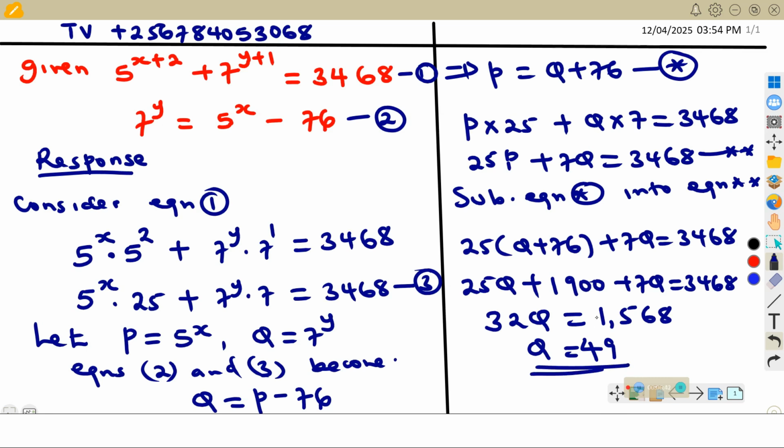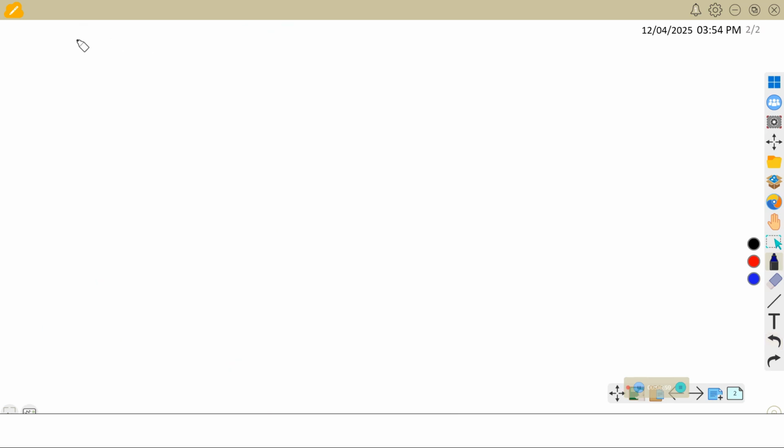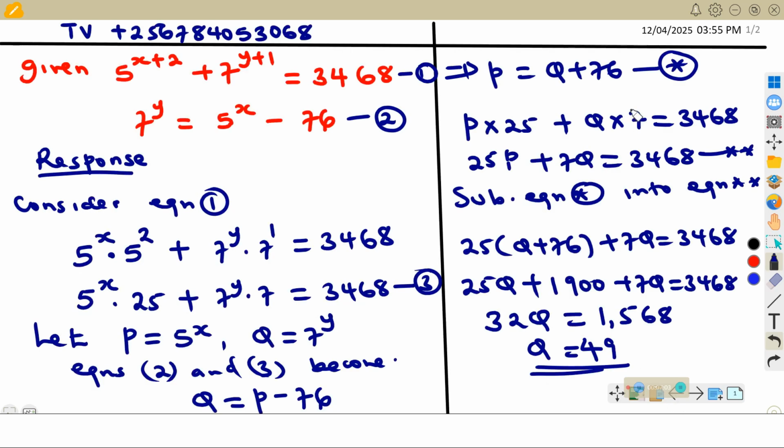After getting q, we can go on and get the value for p. p is the same as q plus 76.